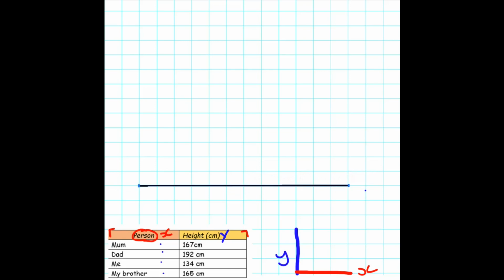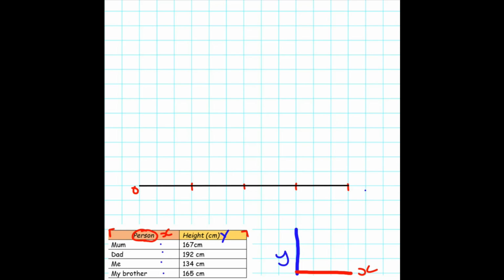So I've got my line in. My thinking here then is that I've got my 0 here, and then every 3 squares, I can put in one of the people from my table, which I've decided is going to be my x-axis.